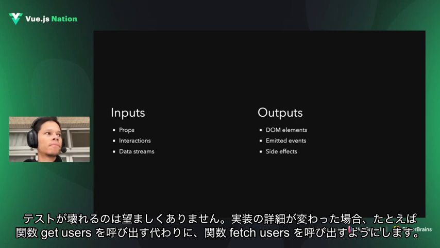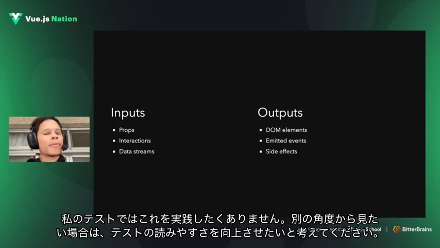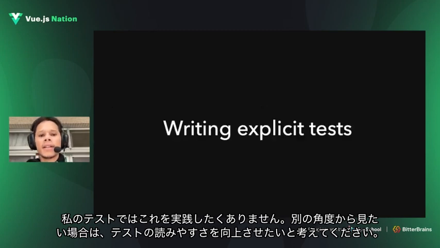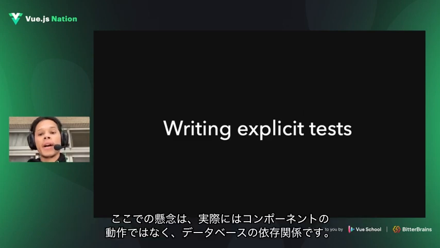Say, instead of calling the function get users, I want to call it fetch users. I don't want my test to break for this. So if you want to look at it from another angle, consider that we want to make the test readability better. Our concern here is actually the database dependency, not the behavior of the component.